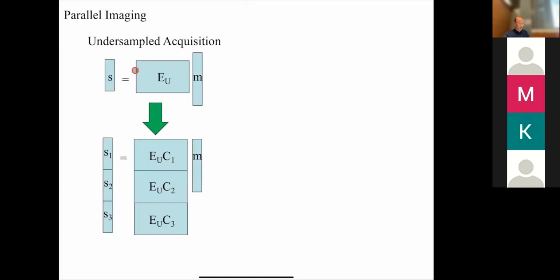If I have a lot of coils, then every coil basically sees an aliased image. But since I have multiple coils and multiple signals, I go from this underdetermined system back to an overdetermined system. So you use the coils to make up for your lack of data in k-space. Okay, so there's a trade-off now that you can make. And the question is, how should you do this such that it looks better and it works robustly?